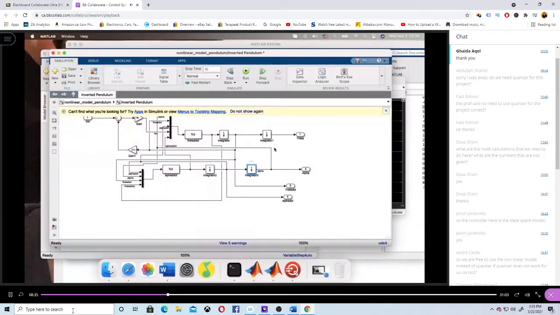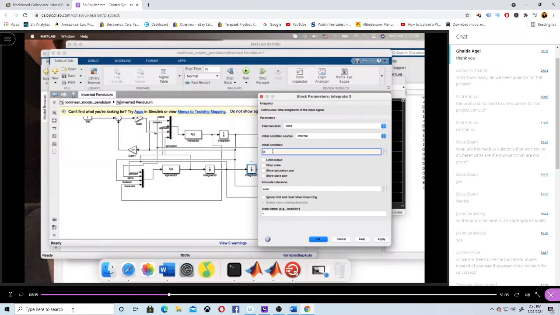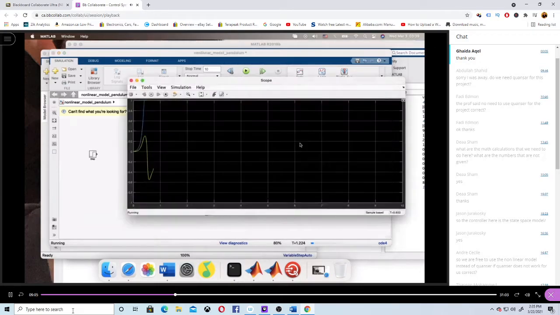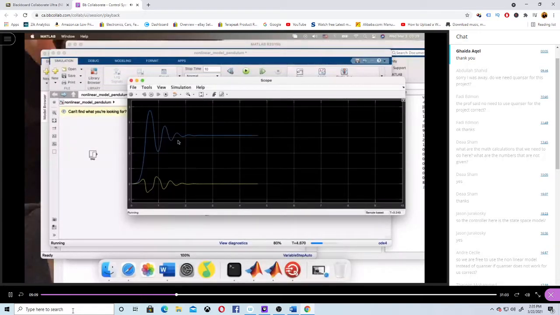But when there is a small input, let's say we give it a very small initial condition, like we push the rod a little bit, you can see that this blue line represents the angle of the rod. It will swing a little bit, then finally stabilize at the non-inverted position, which is pi. And this one represents the disk. That's basically the physical phenomenon of this inverted pendulum.